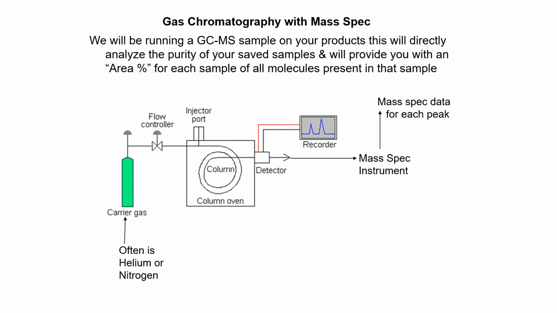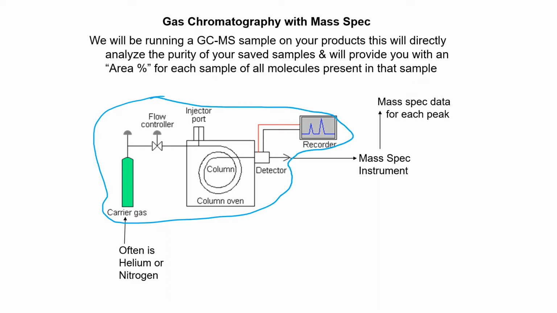So what we're really looking at here is, for the gas chromatogram part, gas chromatography really encompasses all of this part. And then the sample travels straight from the GC detector on into the mass spec instrument.